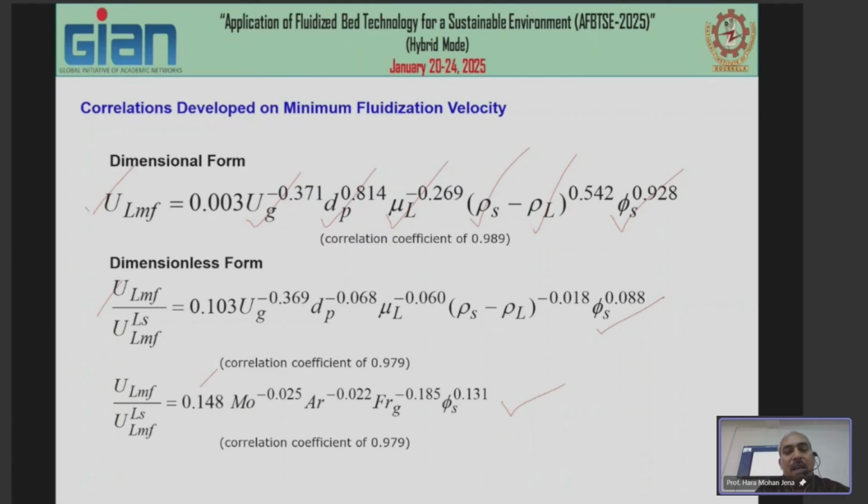This is Froude number, you know. This is Archimedes number and this is Morton number. So this way the correlations are there. For the scale-up of the system, this type of dimensionless correlation is good. But for the calculation of the liquid minimum fluidization velocity or any other parameter, such correlations are easier for the calculation.